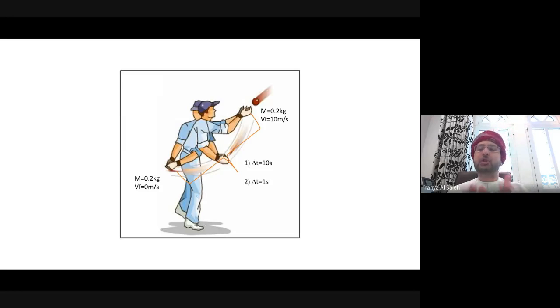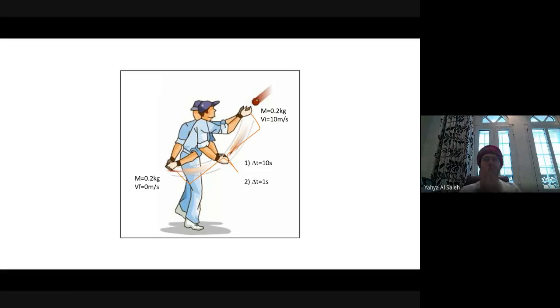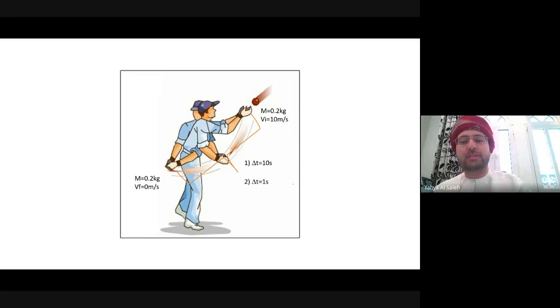Okay, now I have 2 options to do this. If someone throws something at me, I can either just catch it immediately, or if someone throws it, I can catch it and bring my hand backward and slowly slow it down. So I can either slow it in 1 second, or I can slow it in 10 seconds.